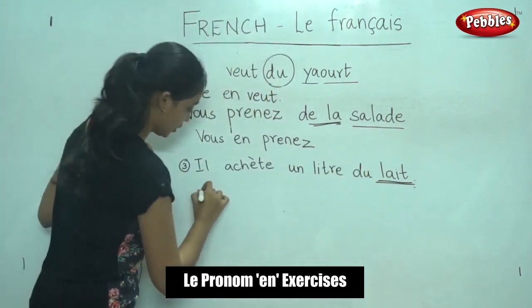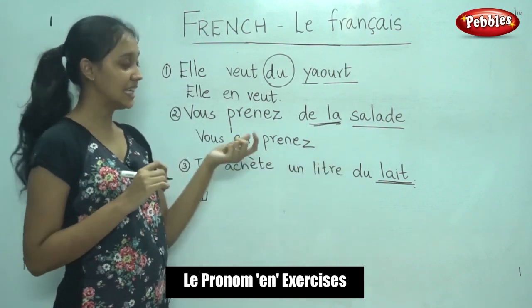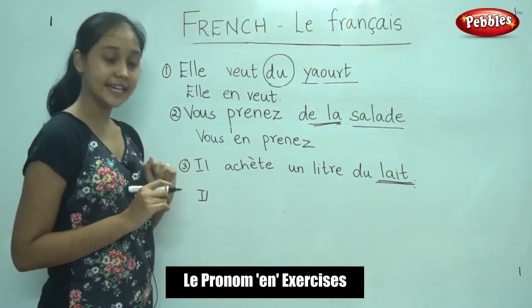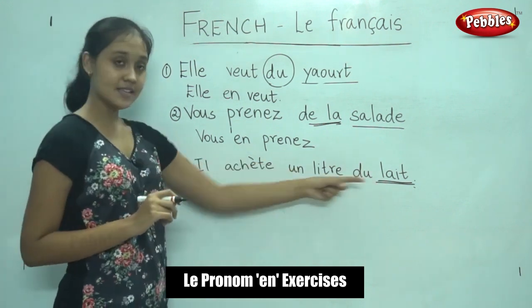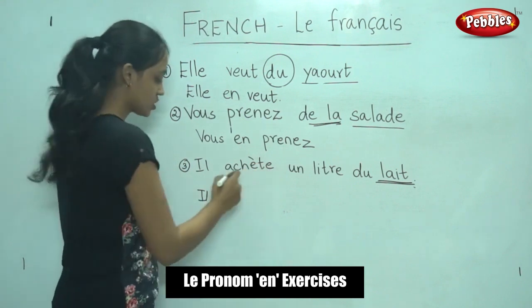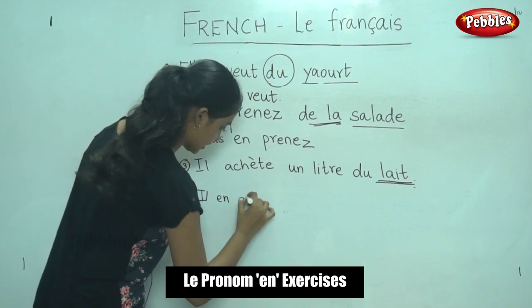Okay, so what would we replace it with? We are going to replace it with en, and where do we place en? Before the verb. In this sentence, which is the verb? The verb is achète. So Il en achète.